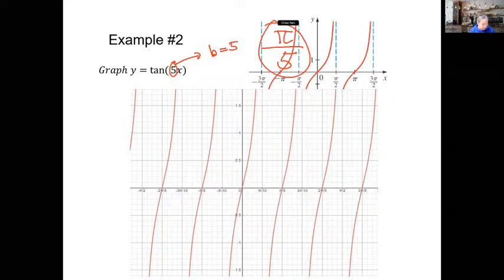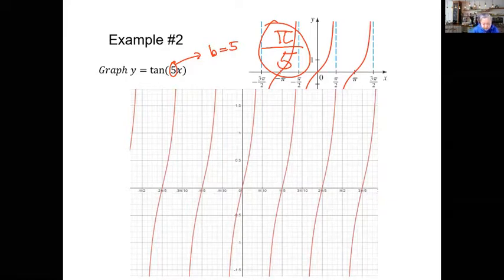Oh, I guess I set the animation order incorrectly, so maybe it will just show all the way. But as you recognize, the only transformation feature in the equation is the b value, which is 5.